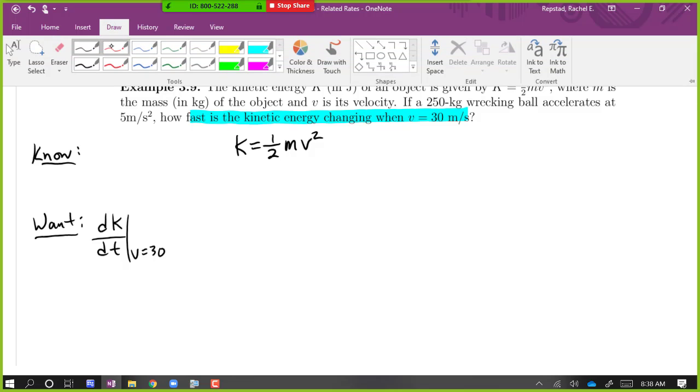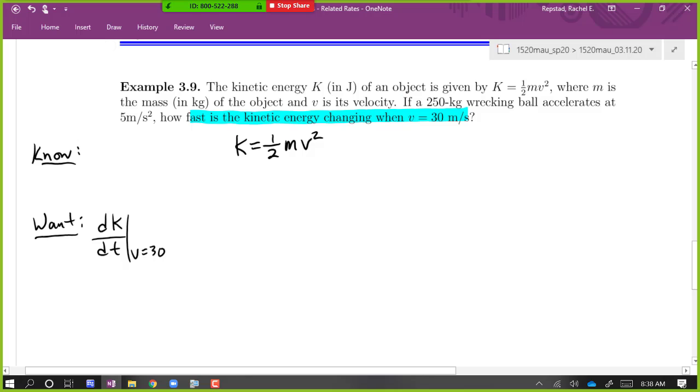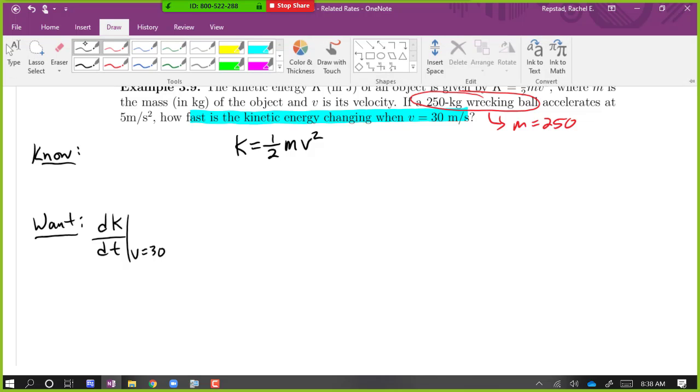Now, as this wrecking ball is swinging, the mass doesn't change, right? The mass is constant. So I know that I could just plug in m equals 250. Because the mass is constant, I can plug that in right away before I take derivatives. So I'm going to do that.